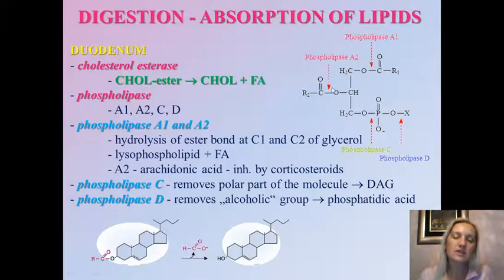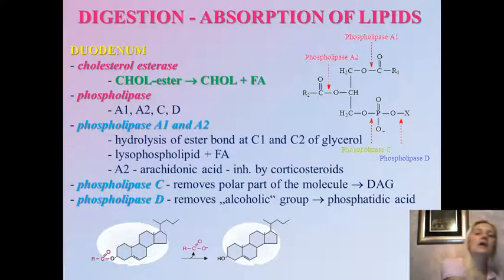So corticosteroids, both natural and artificial medicines, are actually inhibitors of phospholipase A2, thus preventing the release of arachidonic acid and subsequent inhibition of prostaglandin synthesis and subsequent inhibition of the inflammatory response of the body.